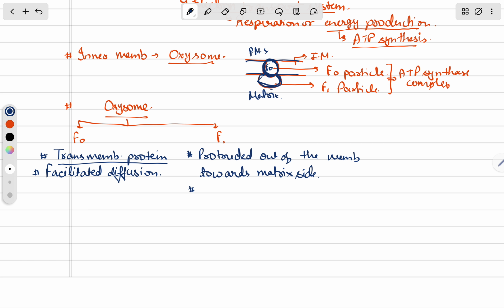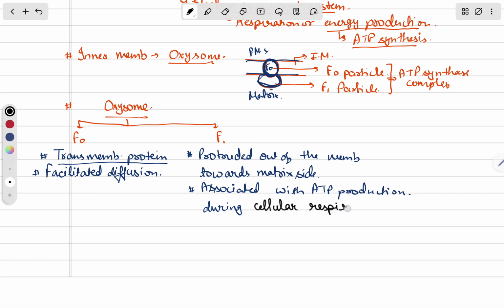The F1 particle is associated with ATP production during cellular respiration. Now, how is it involved in ATP synthesis? Suppose we have this inner membrane, this is the F naught particle, and this is the F1 particle, right?